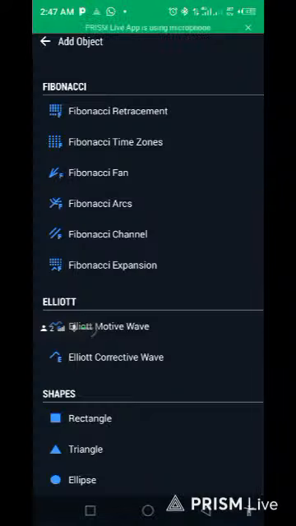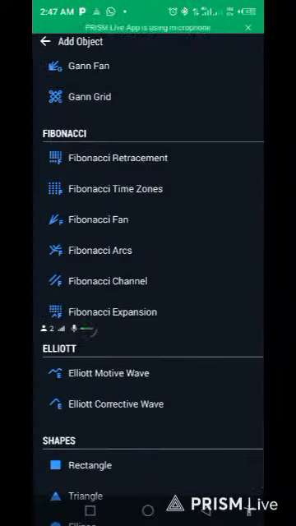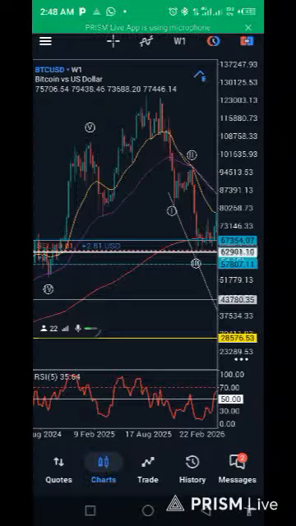Look at it. You can see here now, it's written Elliott wave. The Elliott motive waves are the 1, 3, and 5 waves, while the correctional waves are the A, B, C. Let me mark it for you so you see what I'm saying.